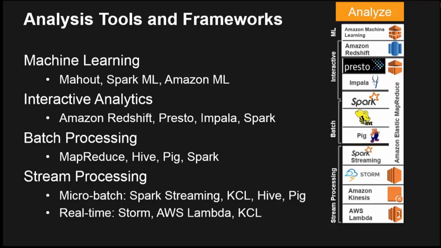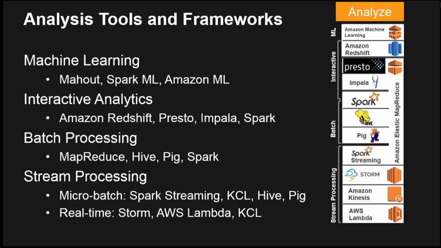In the case of machine learning, Mahout has been used for a long time. More recently, Spark ML and Amazon Machine Learning are very popular. For interactive analytics, MPP or massively parallel processing systems such as Amazon Redshift, Presto, Impala are a great fit. Spark is a general purpose engine in memory or on disk, so it can be used for interactive analytics as well.